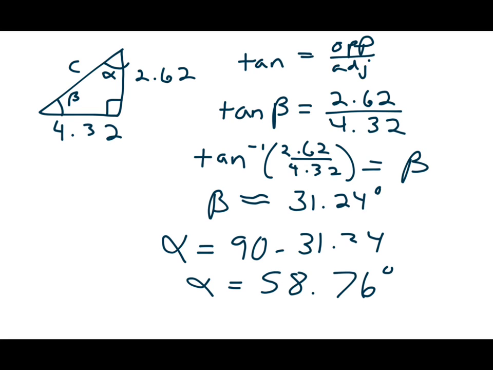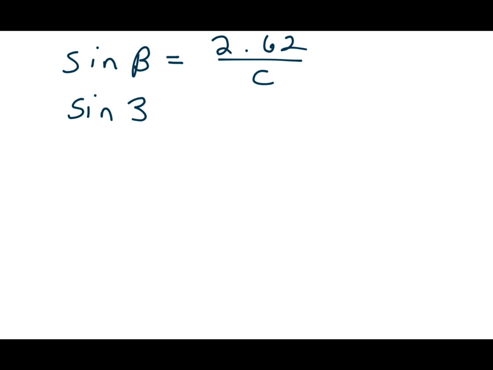Okay? And then, how do we solve for C? Well, there's a couple of different ways of doing this. But you see that we can do sine of beta equals the opposite over the hypotenuse. And we know that beta is 31.24 degrees.